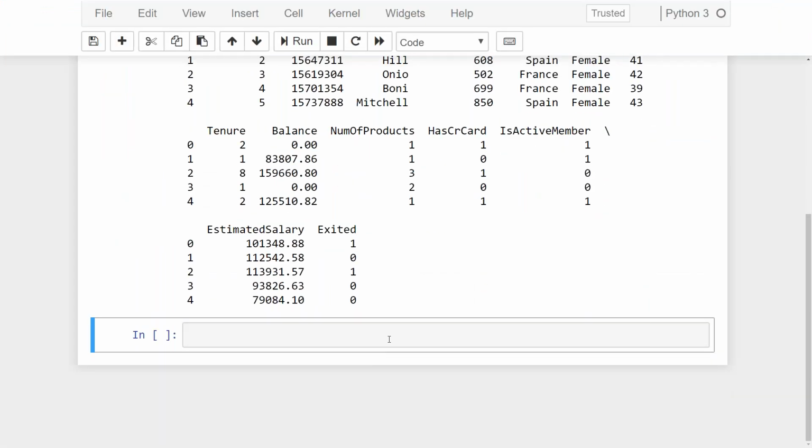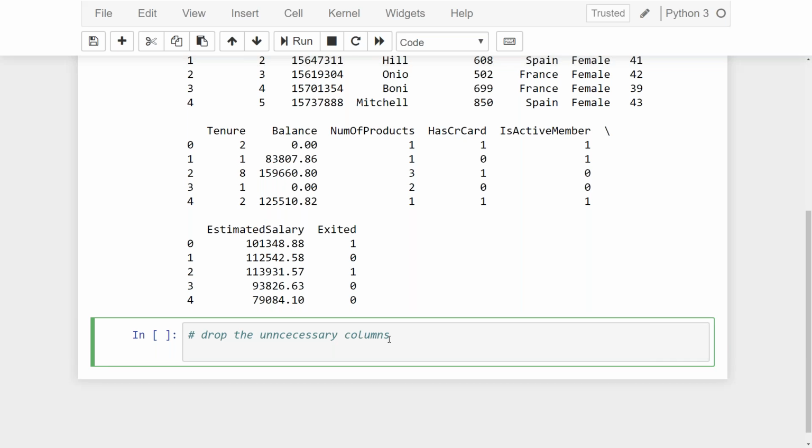So we're going to drop those columns. To drop them, we can write here, drop the unnecessary columns. So we'll say df.drop, the names of the columns as row number, customer ID, surname, comma axis equals 1, comma inplace equals True.